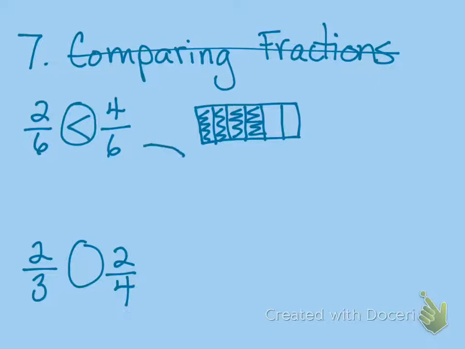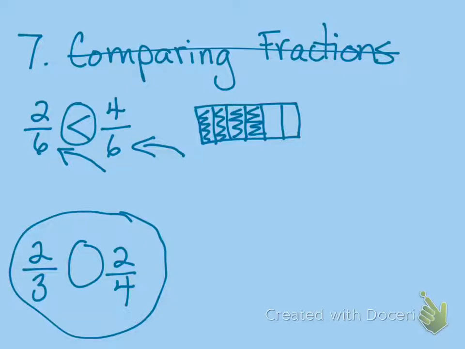So when that bottom denominator is the same, it is super, super easy to compare. You just look at the bigger number. I have 4 out of 6. That's bigger than 2 out of 6. All right, take a minute to catch up on that drawing and then copy down the next one, please.